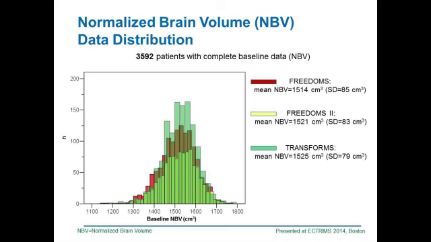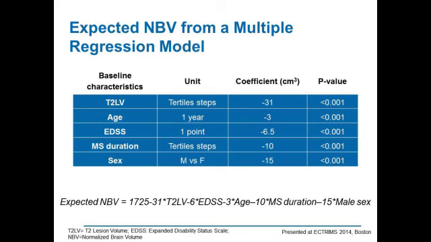And this is exactly what has been done in the subsequent slide. In this slide, we have a regression model trying to explain the volume of the brain according to other baseline characteristics. In particular, we included in this model the T2 lesion volume, that is the lesion burden at baseline, age of the patients, the baseline EDSS, the disease duration, and the sex.